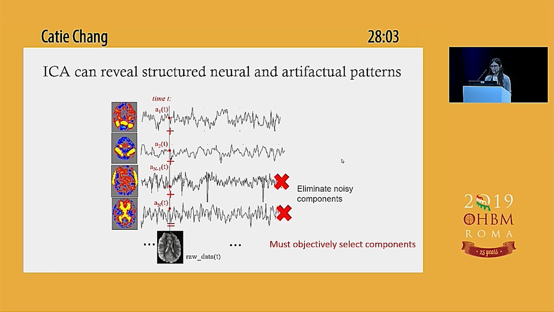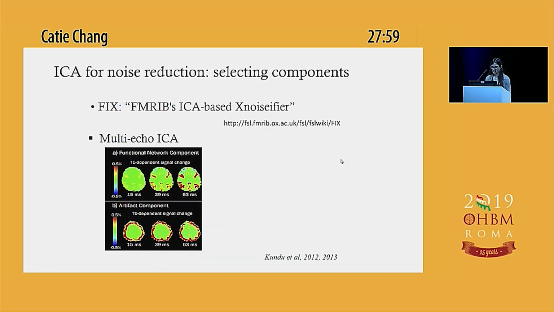But all of these things require decisions about which components you're actually going to be looking for, and we want to do that ideally in an objective way. There have been several different approaches suggested for this. As just a couple of examples, FIX uses basically machine learning techniques to have learned spatial and temporal signatures of artifact versus neural components.